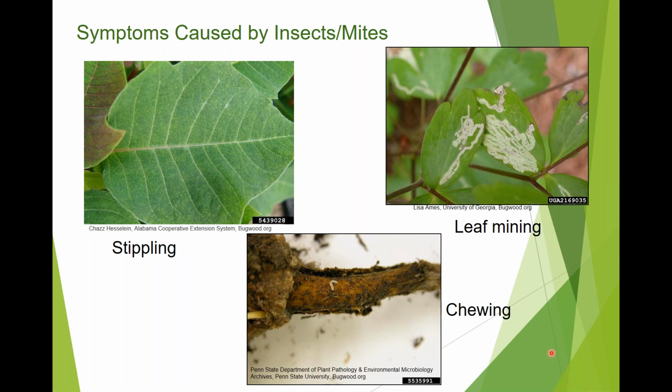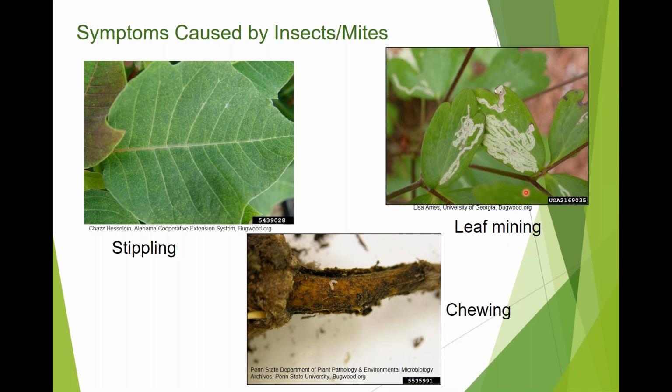That's the picture here on the left. You can also have chewing damage down below here. You can actually see the little critter that is responsible in that case. But the symptom is a loss of the cortex on the lower stem, and there's also some sort of chewed tissue, some debris in there.